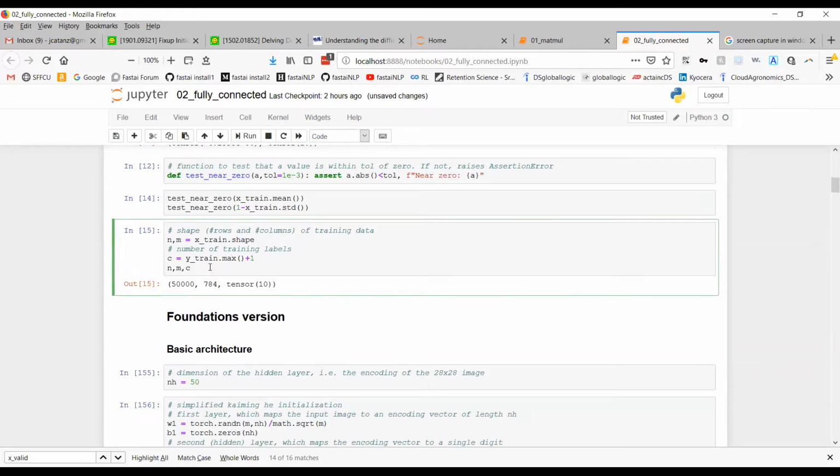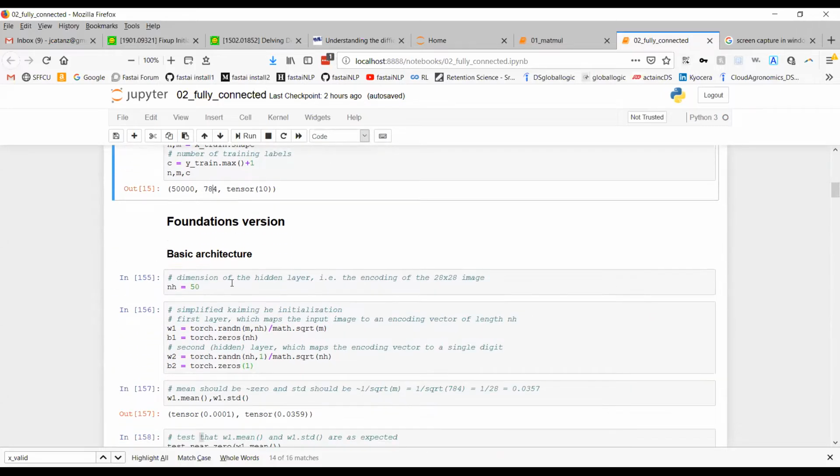So now we see there are 50,000 rows, which are examples, and 784 columns, because we mapped the 28 by 28 array into a vector of length 28 squared, which is 784. Does that make sense? Okay.